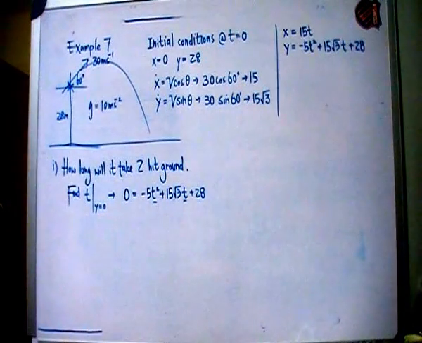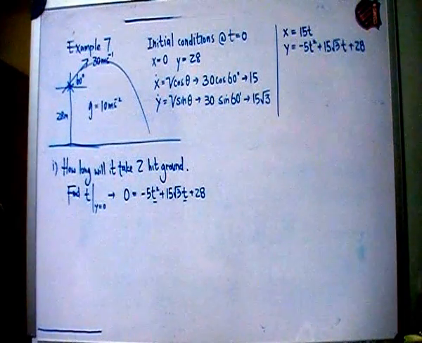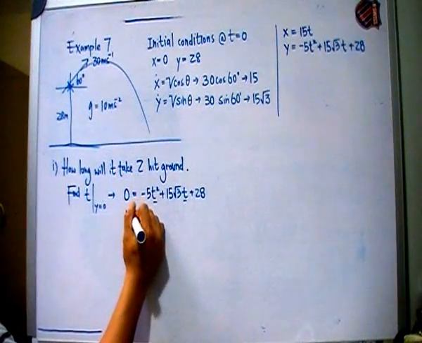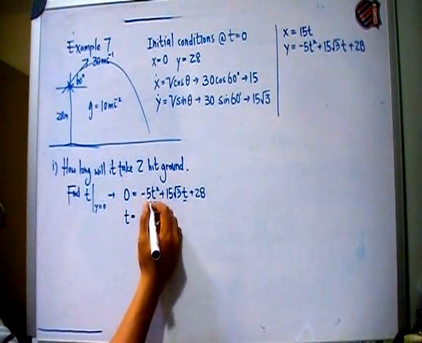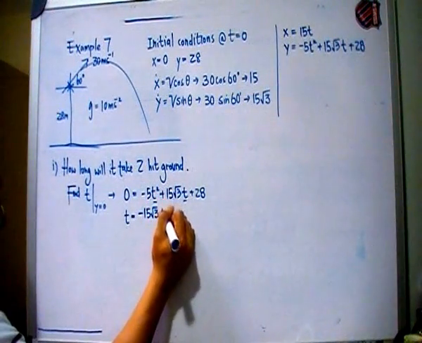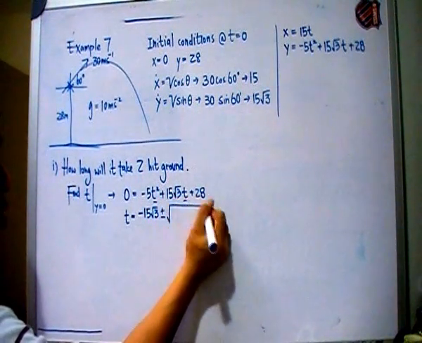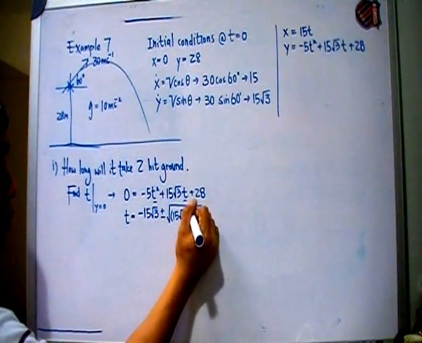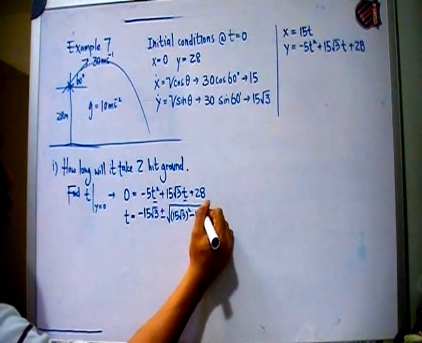You could try and factorize, but it doesn't look like it's going to be a nice factorization, so I suggest you go straight to the quadratic formula we got in Year 10, which is minus b plus or minus the square root of b squared minus 4ac.